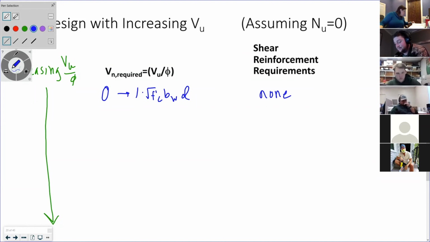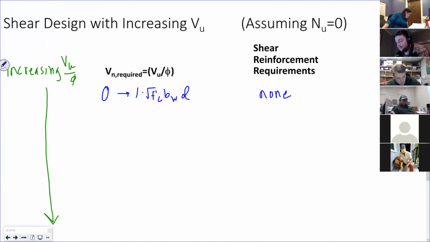In regions, I have to provide Av min where I'm over 1 times the square root bw d, if I'm over half of my shear strength of my concrete.